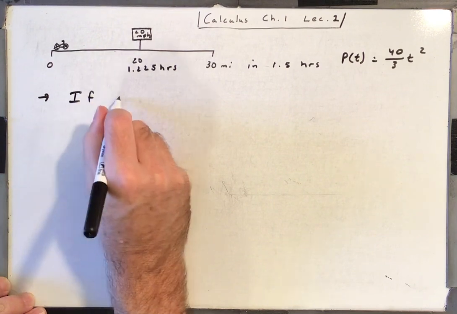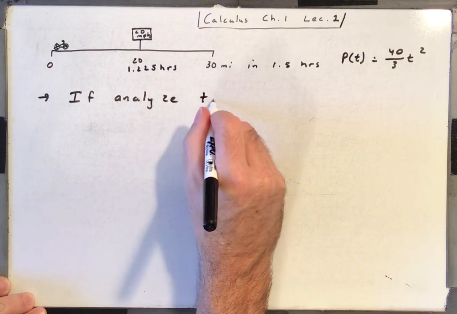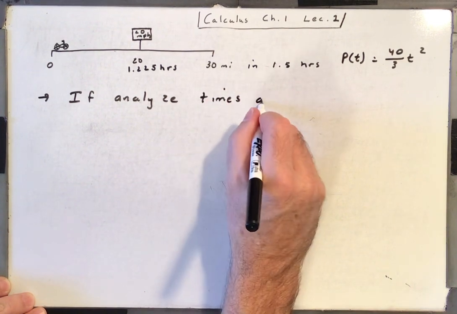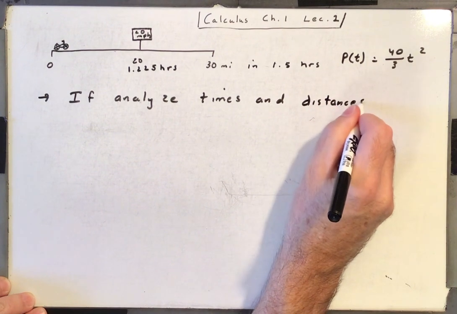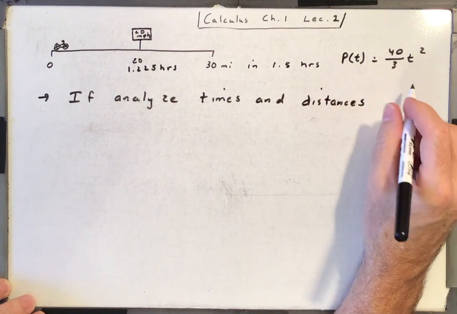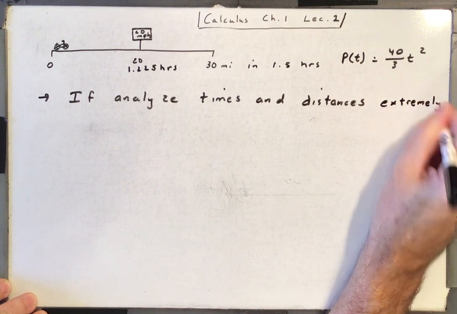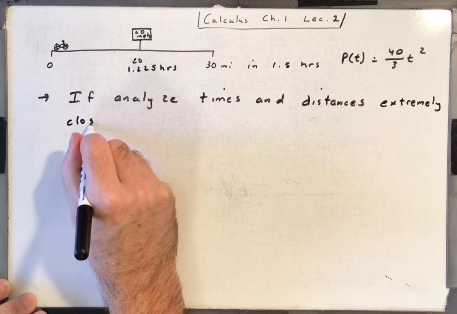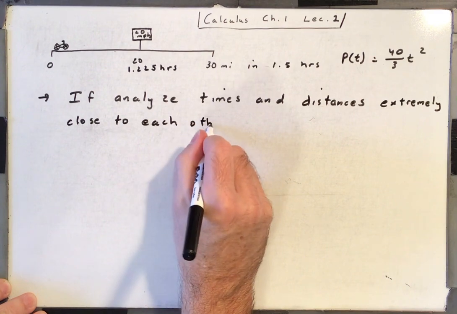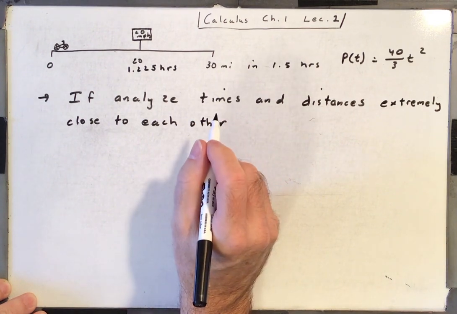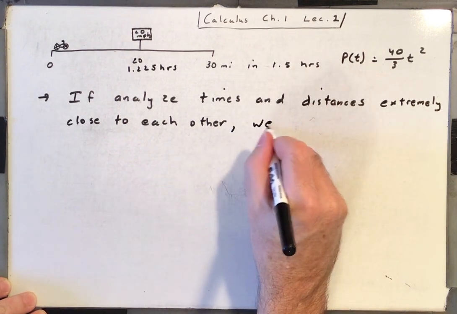If we analyze times and distances extremely close to each other, we can get an instantaneous rate.